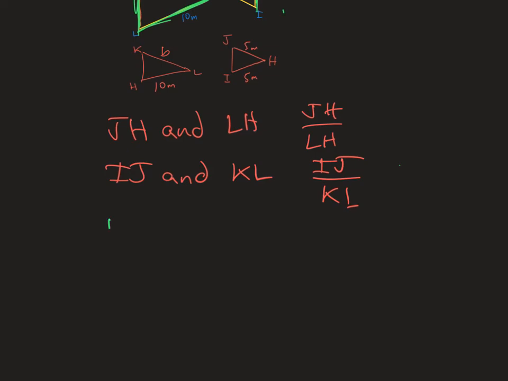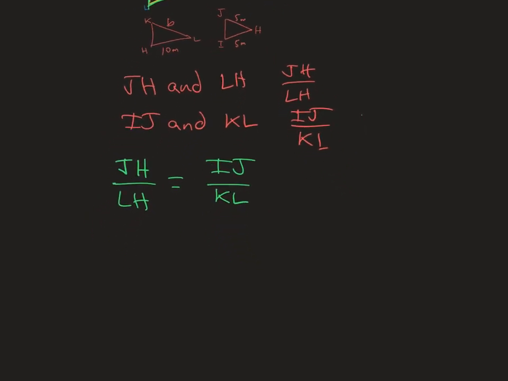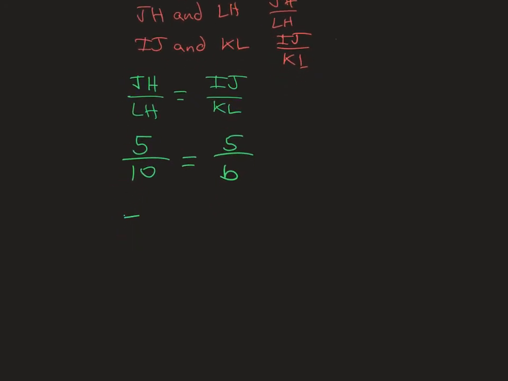JH over LH is equal to IJ over KL. Very simple, just plug in the numbers: 5 over 10 equals 5 over B. Cross multiply, 5B equals 50.